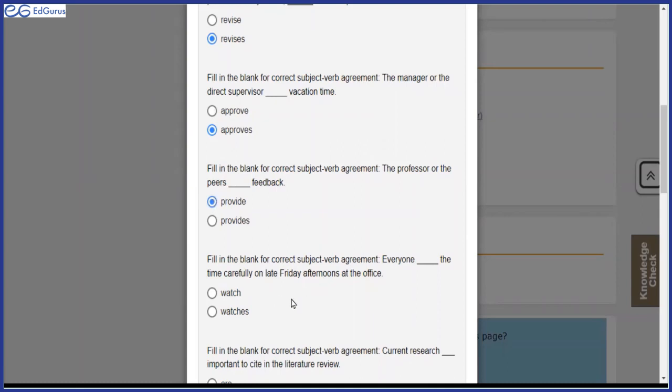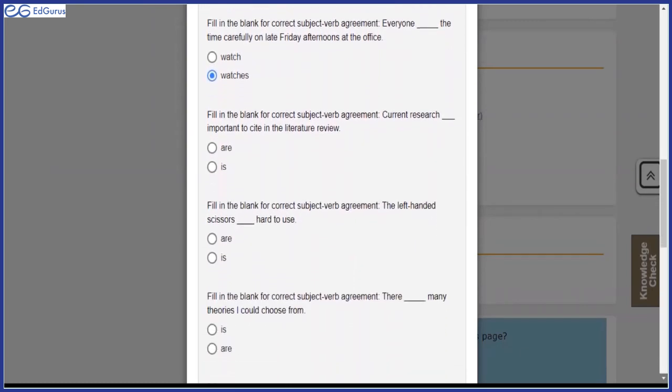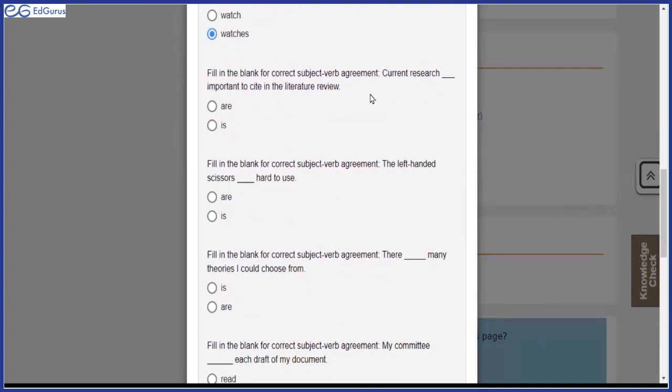Very good. Everyone ___ the time carefully on late Friday afternoons at the office. Watches, because everyone is singular, right? Okay. Yes, current research ___ important to cite in the literature review. Is important. Good, very good going.